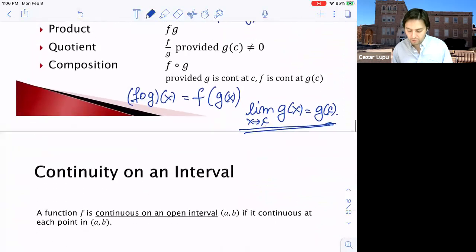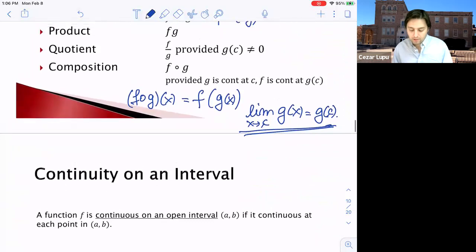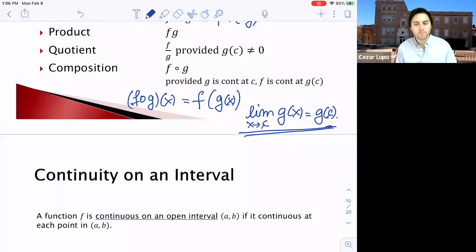This will be a bit tricky. I would like to start by saying that a function f is continuous on an open interval (a,b) if it is continuous at each point in (a,b). Just like I said, not just an open interval, any domain you pick: a function is continuous on it if it is continuous at each point in that domain.